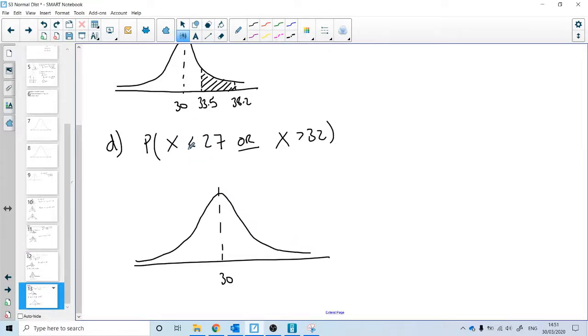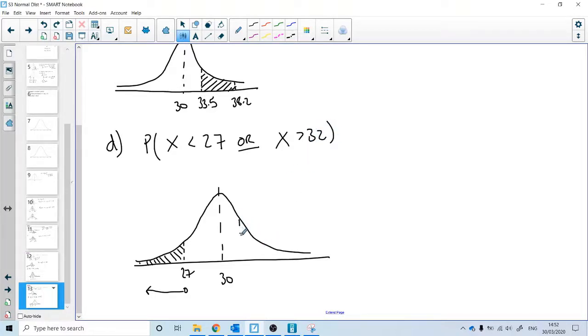Now, x can be to the left of 27, so less than 27. So we want this area here, because x is allowed to be there. But also, we could have what's the probability that x falls in the region greater than 32.